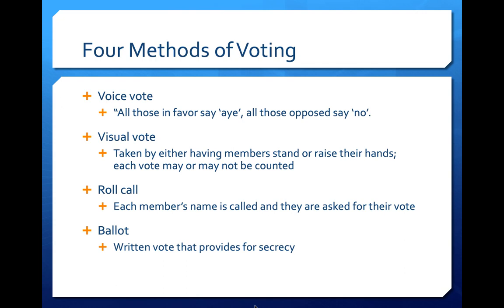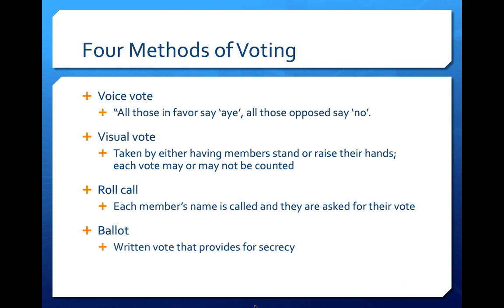Normally you have a pretty large group on one side versus the other. There is a way to get around it if you can't tell, and we'll talk about that a little bit later. But most of the time you can tell whether most of the group is in favor just by a voice vote. It's something you usually do when you just have a regular old motion.